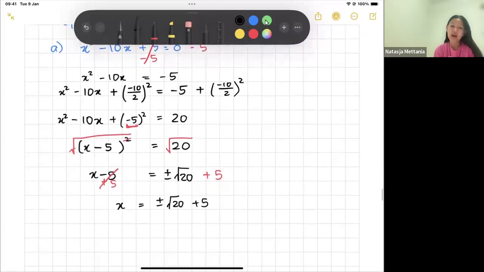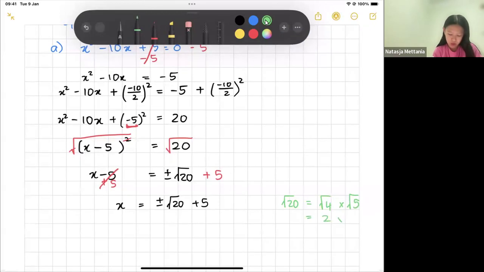Yes, you could leave it like this, but at times with your surds, that root 20 can be simplified. What I mean by simplified is the following. That square root 20 can be broken down into square root 4 times square root 5. What is the square root of 4?